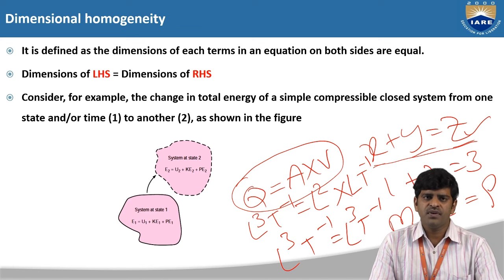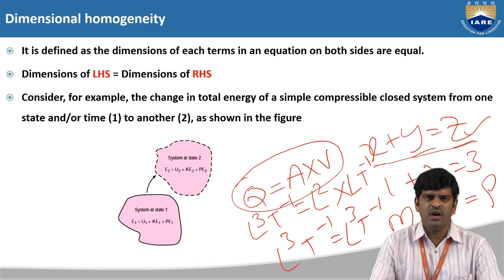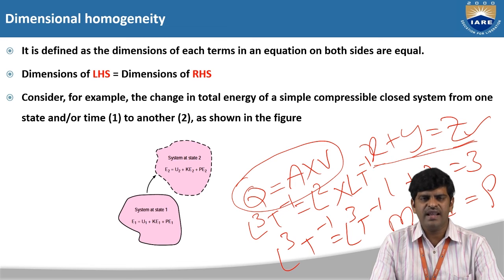But there are some types of equations which may not satisfy the concept of dimensional homogeneity. Those equations we may call non-dimensional homogeneous. Such equations we generally come across from experimental results. Means whenever we know the quantities and want to establish an empirical relation, under that particular condition it may be applied.